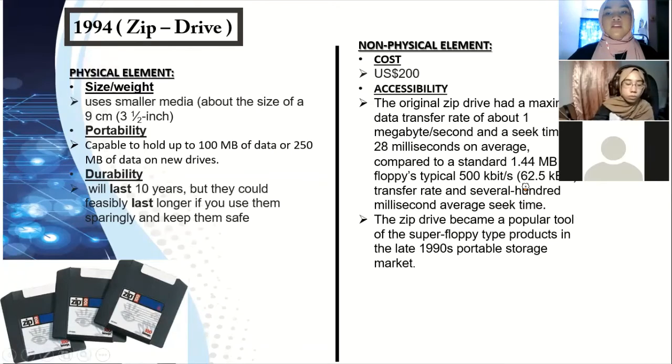It means 62.5 KB per second transfer rate and several hundred millisecond average seek time. Okay, other than that, the zip drive became a popular tool of the super floppy type products in the late 1990s portable storage market.